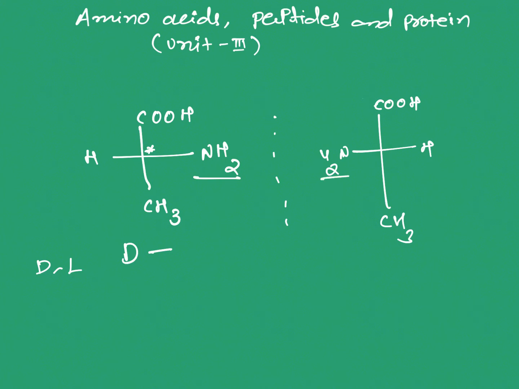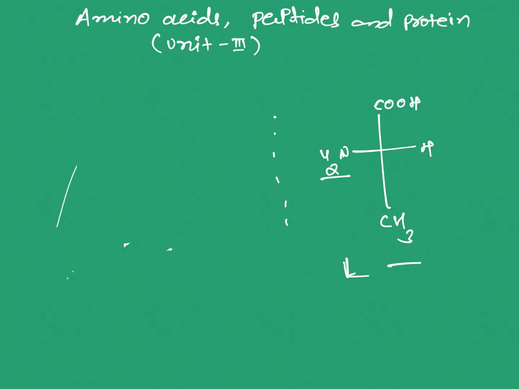And if NH2 group is present in the left side, we call it as L isomer. Most of the natural amino acids exist in the L form, not in the D form. If they are given in any form, we have to convert into Fischer projection, and you can assign whether it is the D isomer or L isomer.